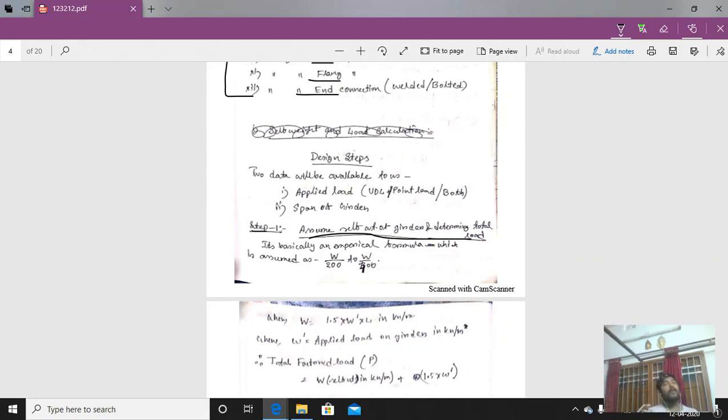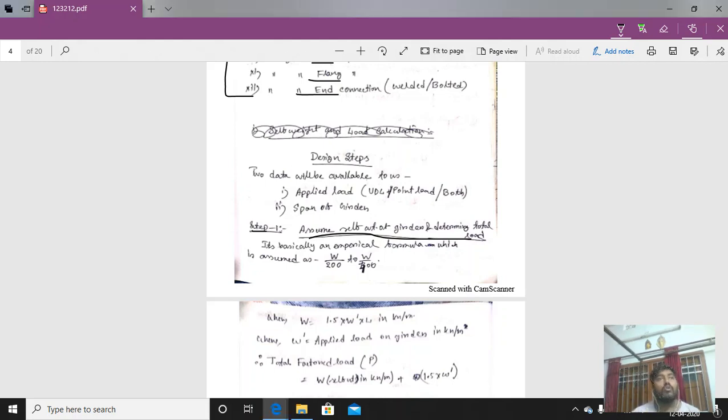Now the self weight of the girder means the total weight of the plate girder, that is the web plate and flange plate with stiffener. We do not know the flange plate weight, the web plate weight, or the weight of the stiffener.